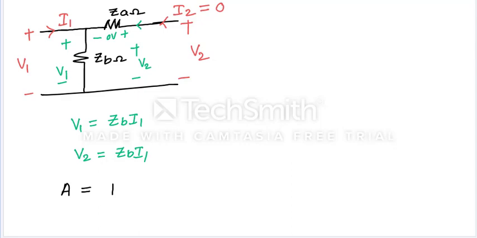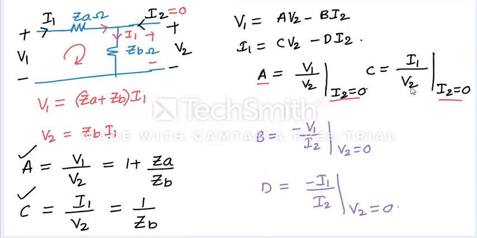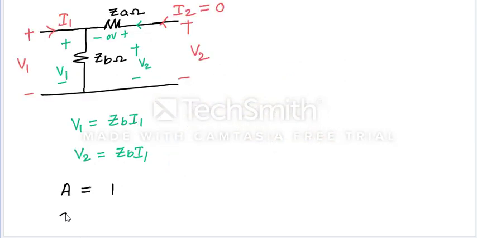Next C, which we have seen previously is I1 by V2. C is equal to I1 by V2, that is 1 by ZB.